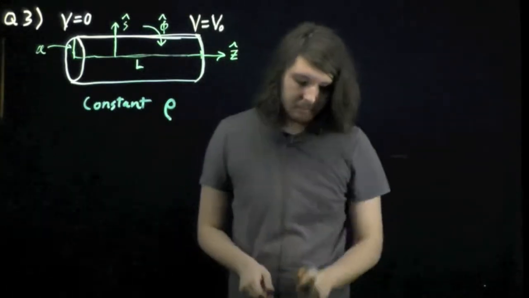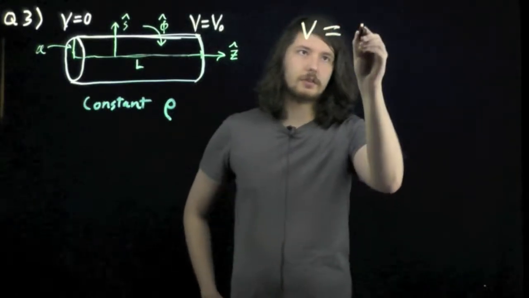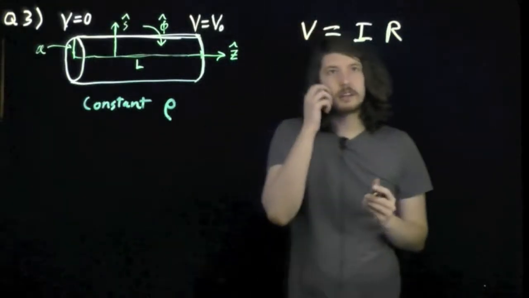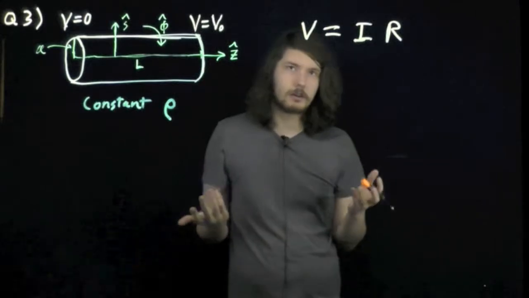So the simplest way to think of this problem is to just think of the very basic Ohm's law. V is equal to IR. Although in this case you're not really given R. Well, actually you are given R explicitly.